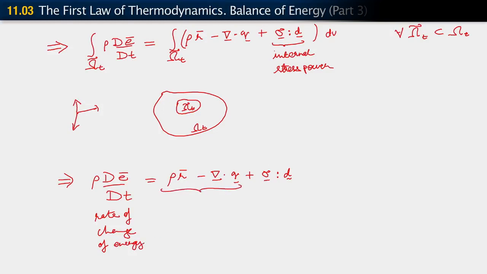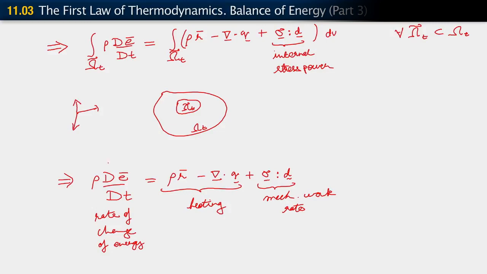Here we have heating, and here we have the mechanical work rate, which is the internal stress power. So once again, you have your first law of thermodynamics in a recognizable form.